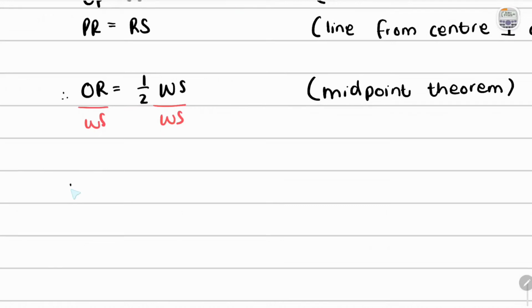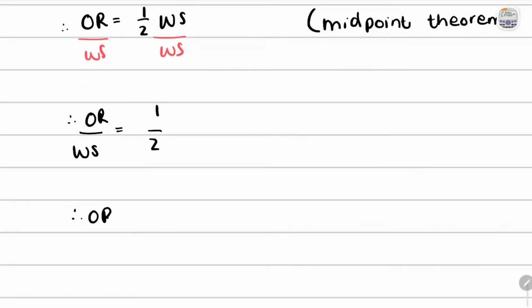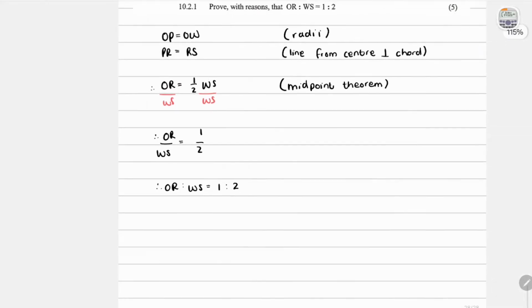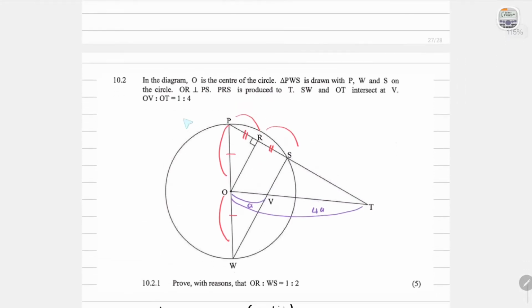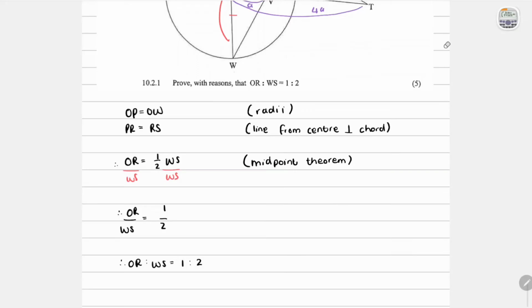So this is simply OR over WS is equal to a half, meaning OR is to WS is equal to 1 is to 2. And there we go. The same way we're able to express ratios as 1 over 4, we're able to do that here. And that is the answer for 10.2.1.